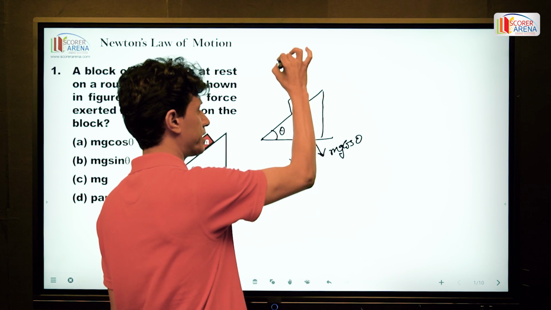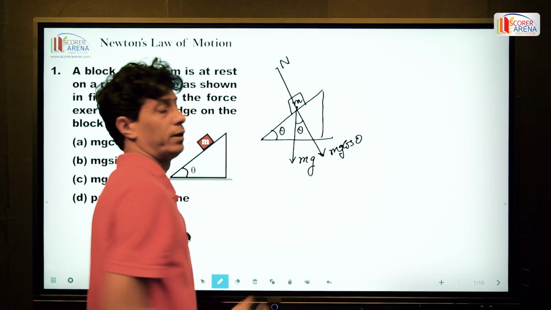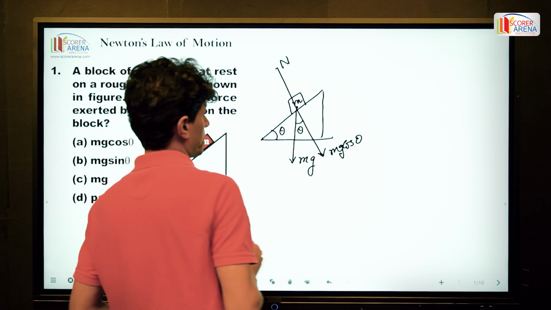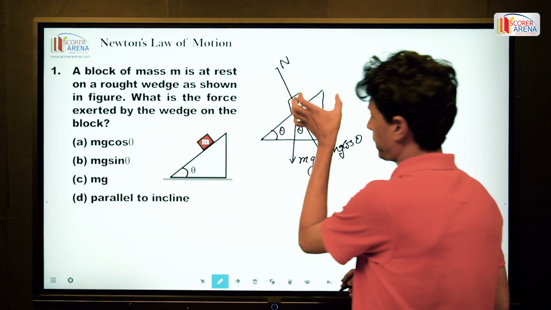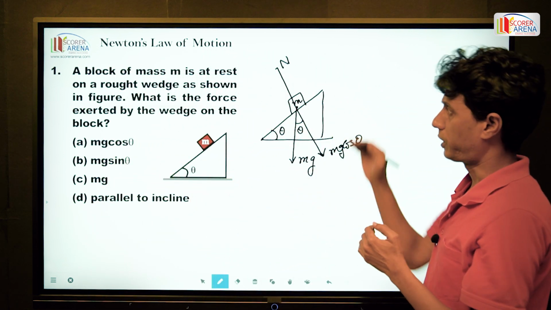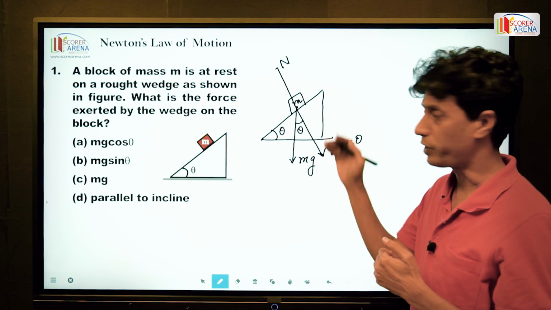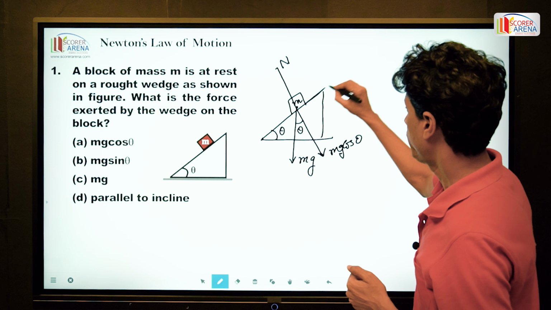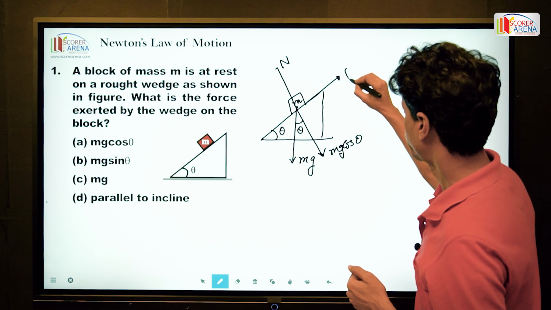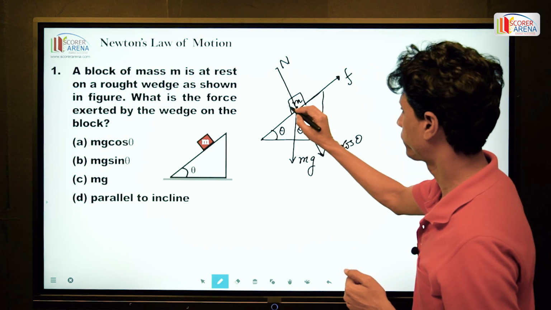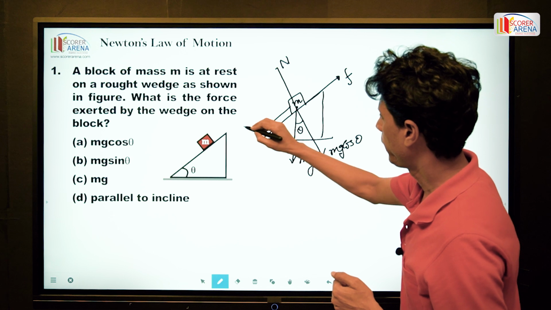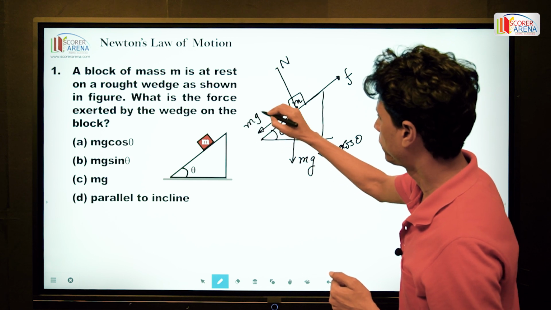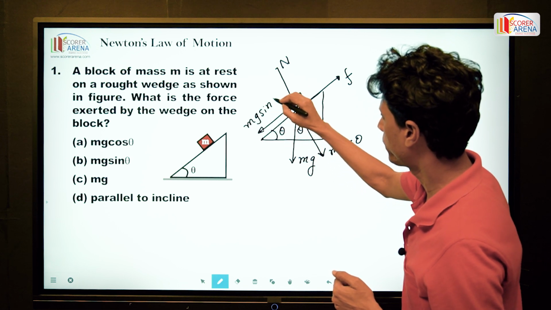And since this body is in static condition on the rough wedge as shown in the figure, the frictional force F balances mg sin theta, the component of gravitational force.